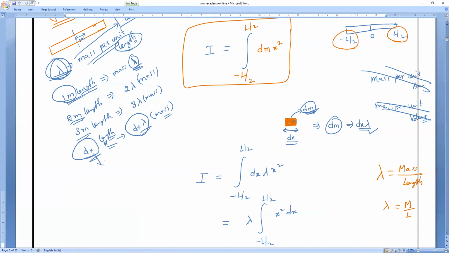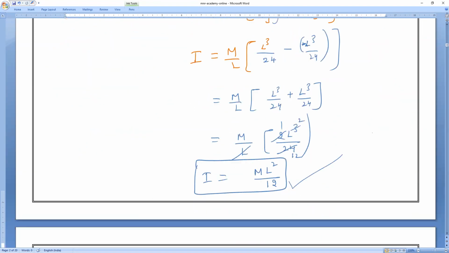So that length dx is only what we are considering as dm. Am I right or wrong, everybody? So the mass of this dm is equal to dx into lambda. Do you understand, Ira? Rudreswar, clear? So if you understand that, slowly derive, you'll get the answer.